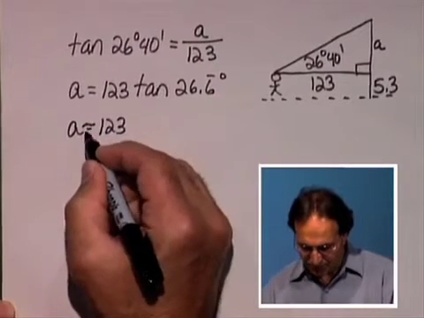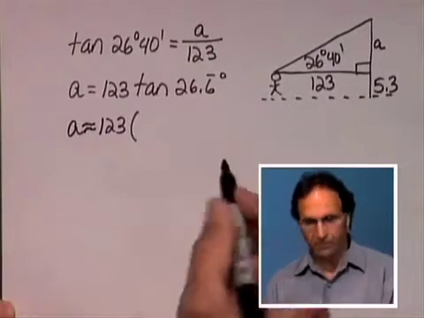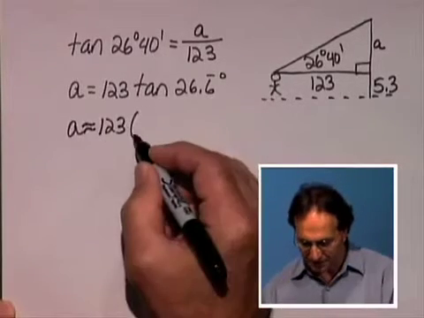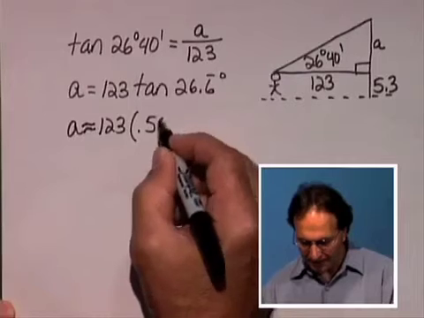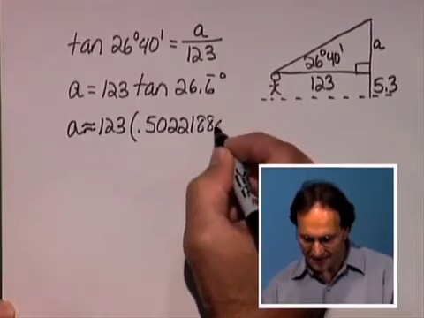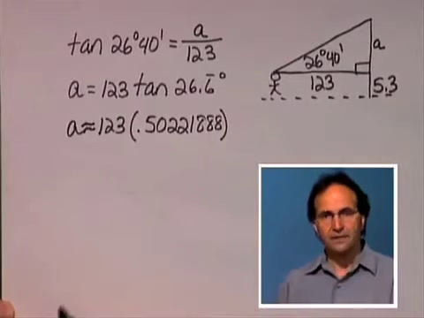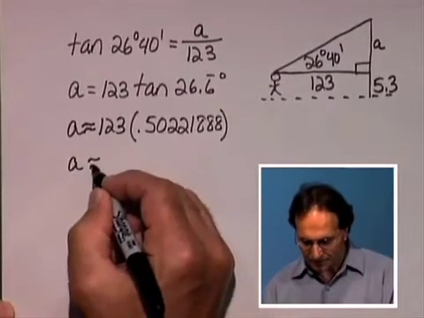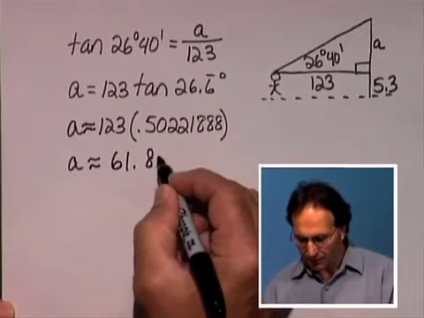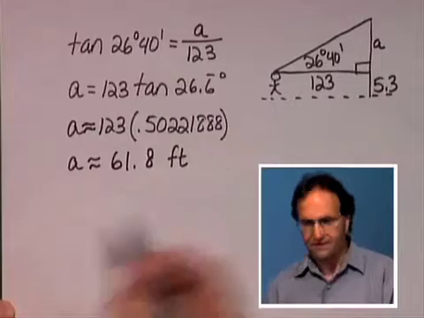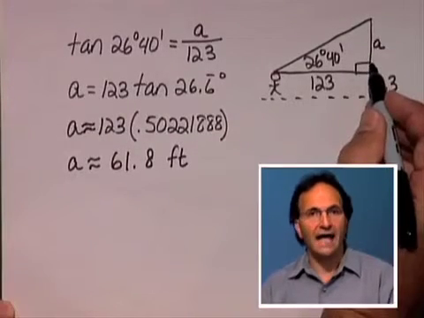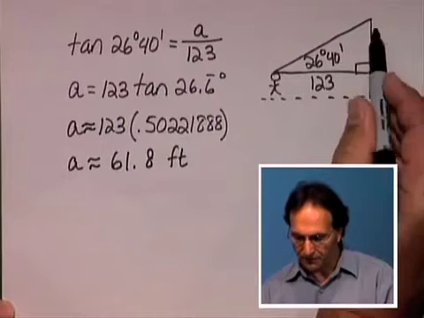And now let's use approximate, because we're going to come up with an approximate value for the tangent of 26.6 repeating degrees, and that's 0.50221888. And finding that product on the calculator, we get approximately 61.8 feet. Remember, though, that that's just the value of A, which is this part of the flagpole.